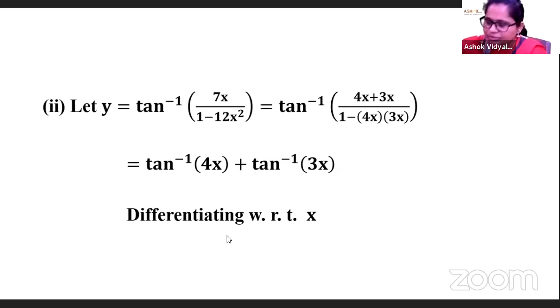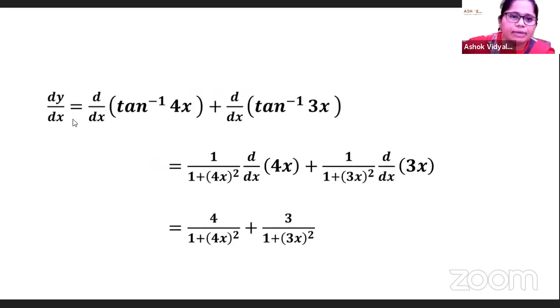Differentiate this function with respect to x. dy by dx is the derivative of tan inverse of 4x with respect to x plus the derivative of tan inverse of 3x with respect to x, and just use here the formula for tan inverse x: 1 upon 1 plus 4x square into the derivative of 4x, because this is a function of function, plus 1 upon 1 plus 3x square into the derivative of 3x.